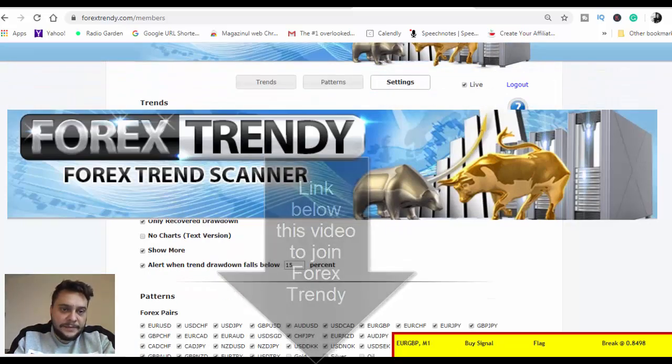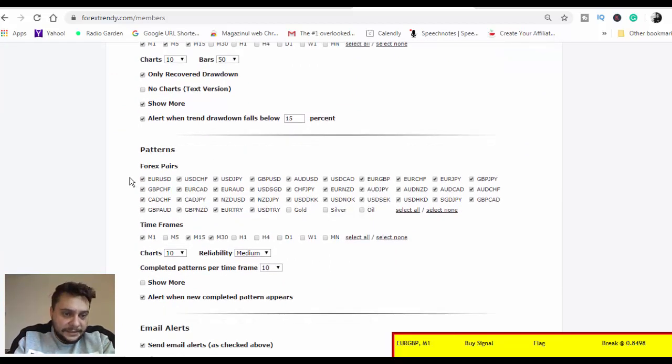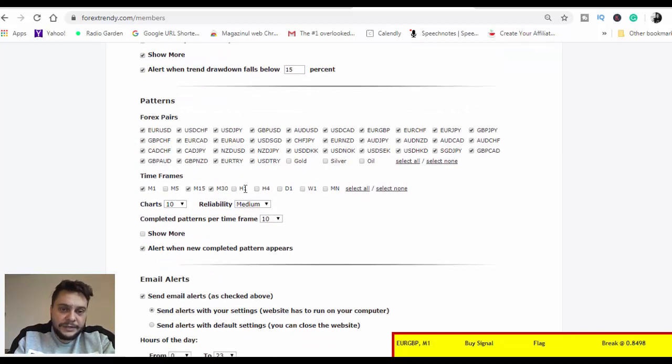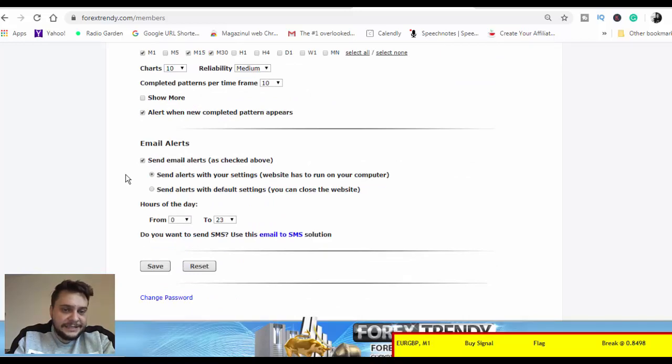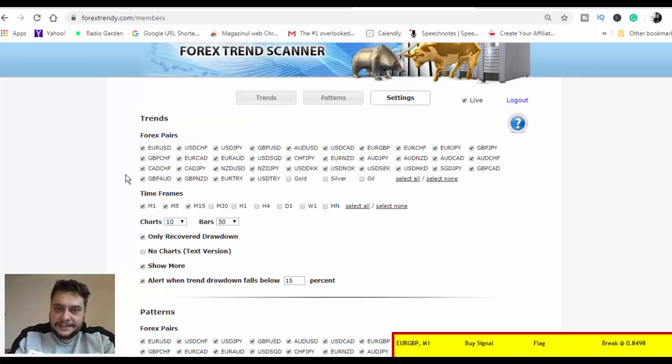We have time frames, forex pairs, charts, and patterns here, and you need to set these settings in order to get proper signals. But as I told you, there is no problem. Just email me, and after you join Forex Trendy, I will send you these settings.